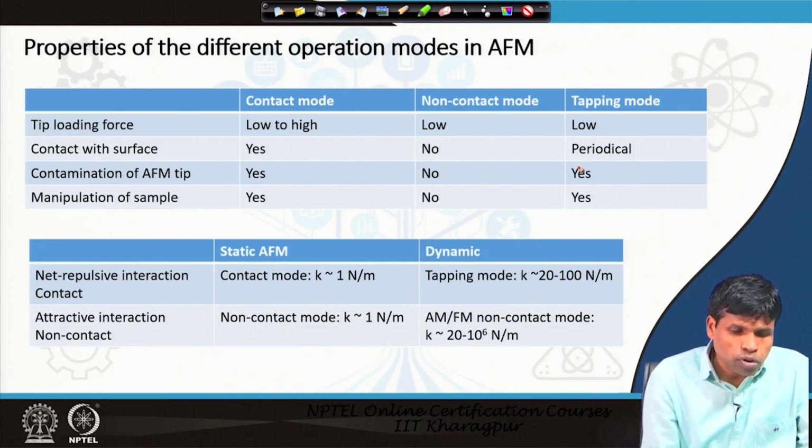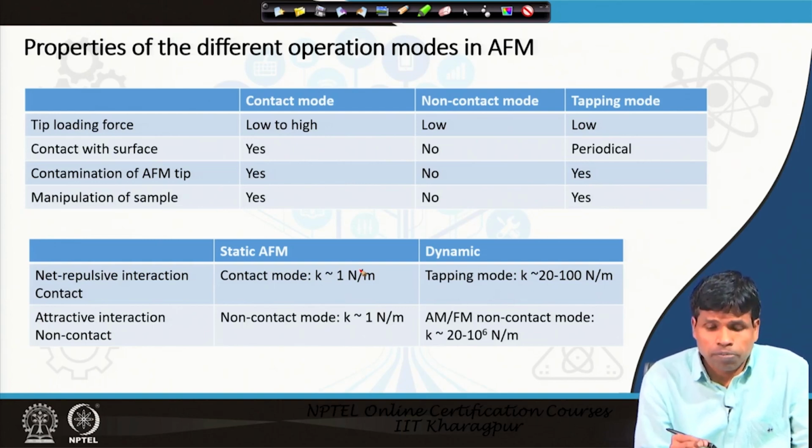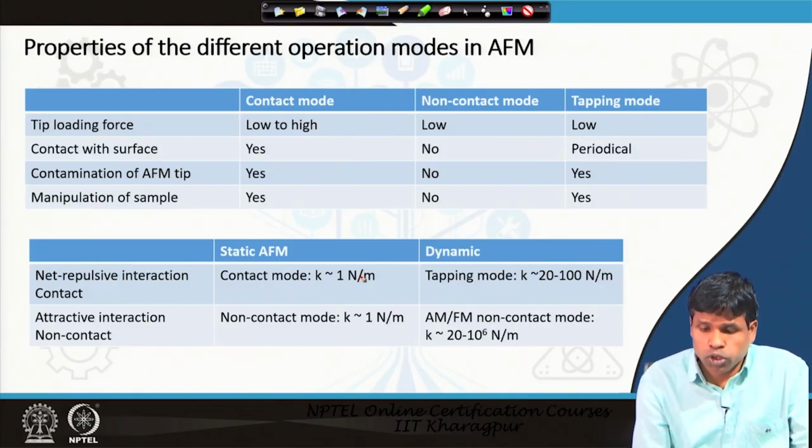As far as the force of interaction is concerned, in the contact mode we use a small spring constant value that will allow us high sensitive force gradient measurements, thereby giving us high resolution.